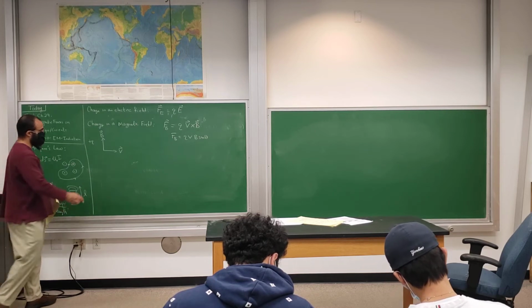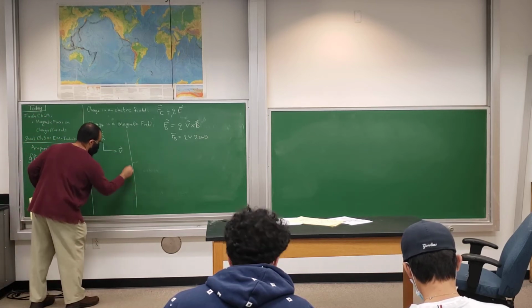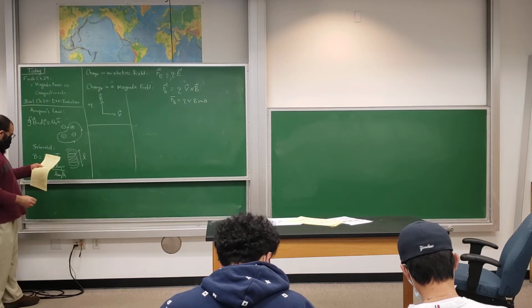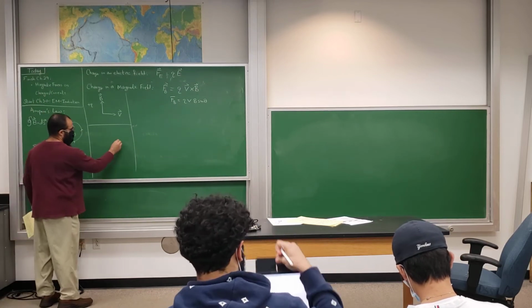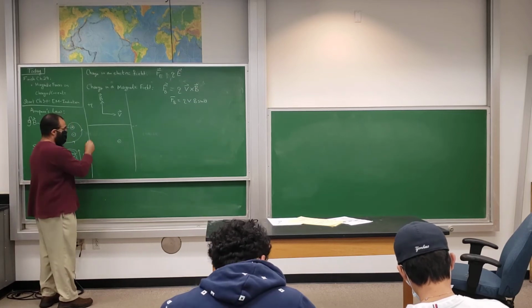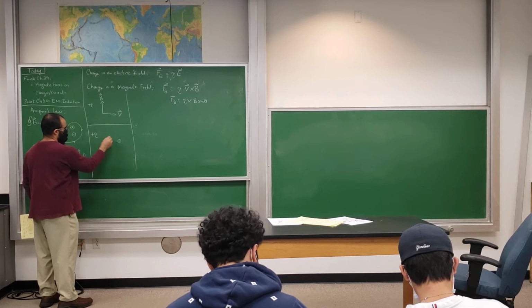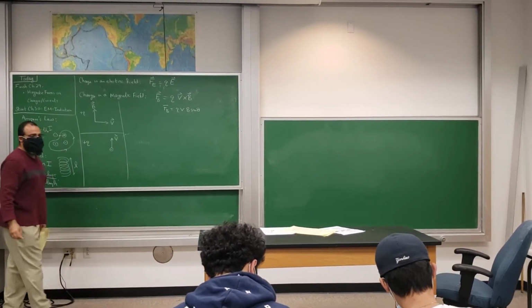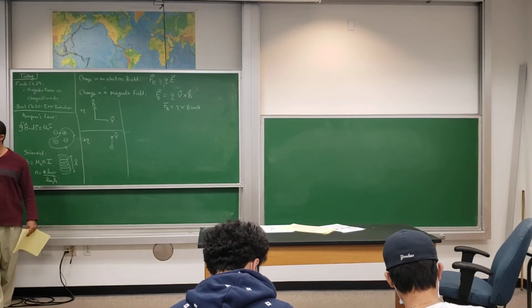Let's do another one. Let's say the magnetic field is now coming out of the board. I still have a positive charge, and let's say the velocity is this one. In what direction would the force be in this case?